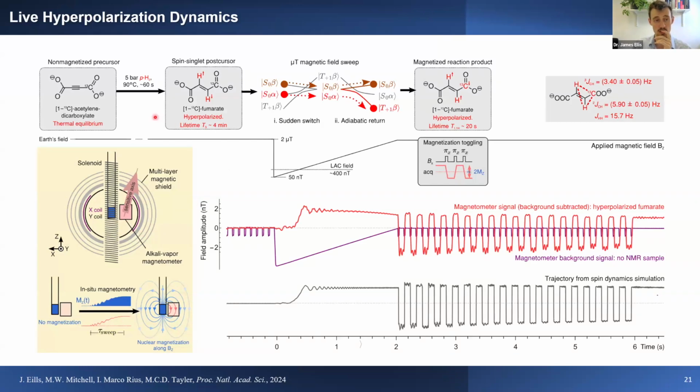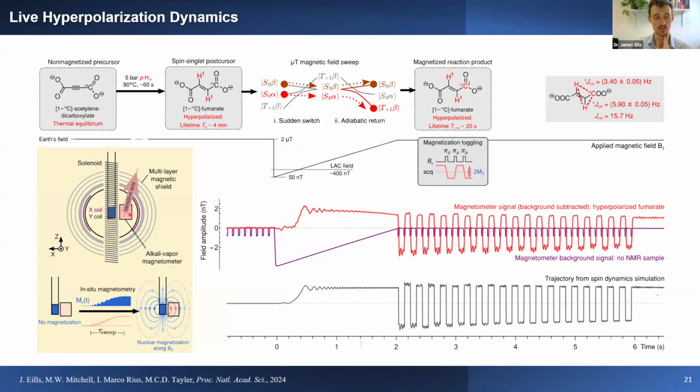Okay, and what that means is we can do these experiments where we do our hydrogenation and we produce our fumarate with the protons in a singlet state. And then what we're interested in is these polarization transfer mechanisms where we drop the field close to 0 and ramp up the field. And our fields are of the order of a few microtesla.